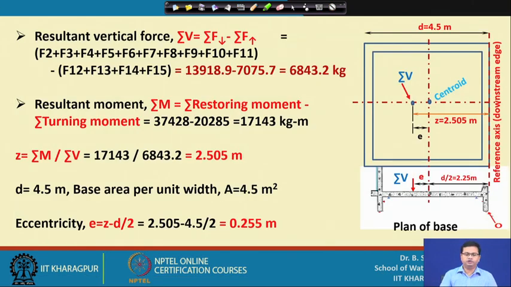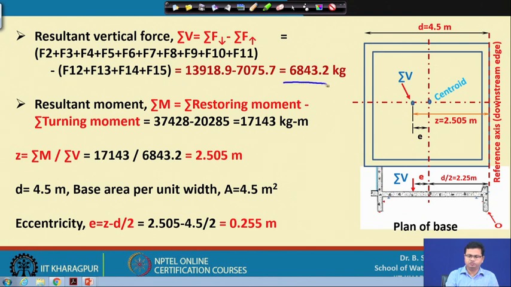Now, the resultant vertical force sigma V will be equal to the summation of vertical forces which are causing downward minus the summation of vertical forces which are upward. So, we will get 6843.2 kg.